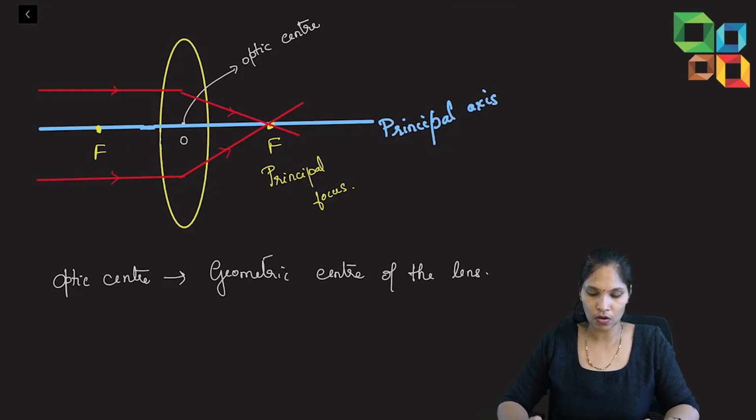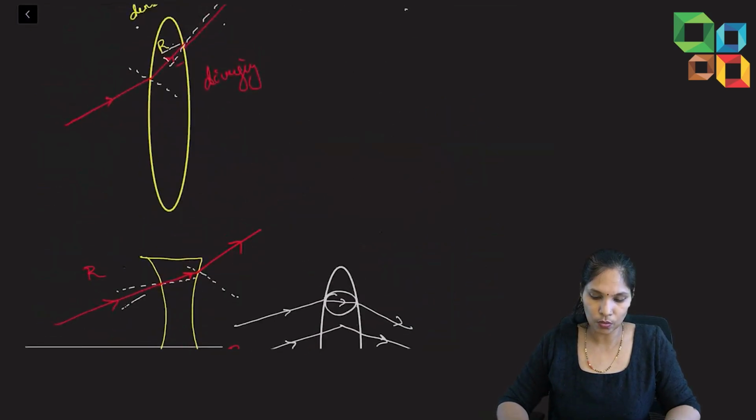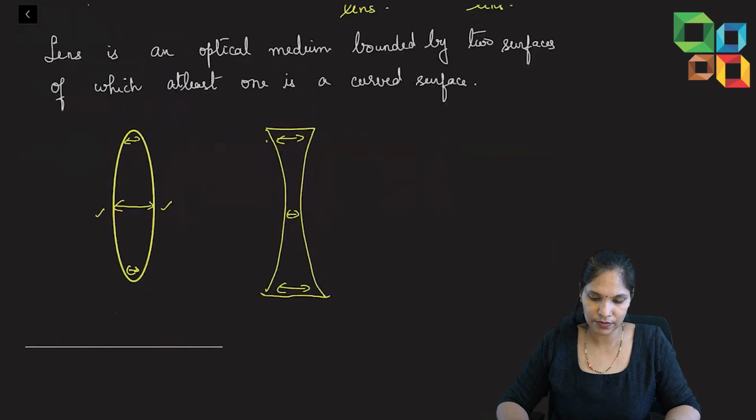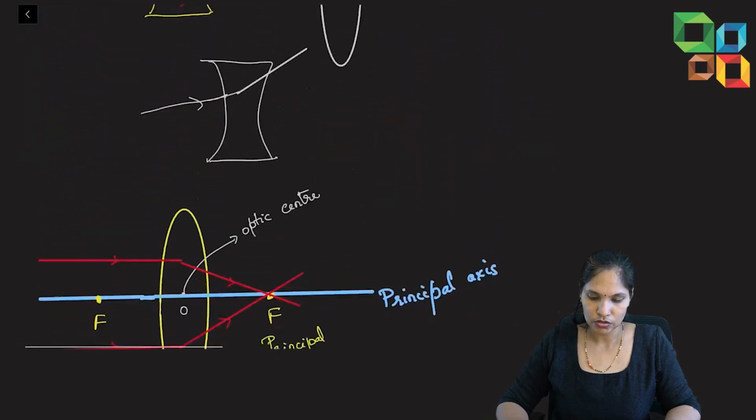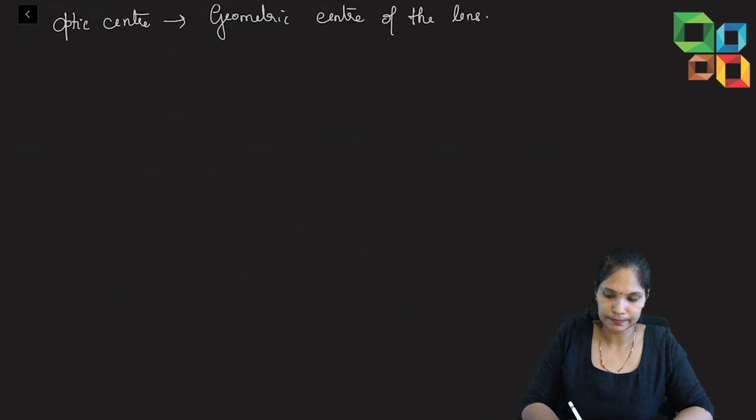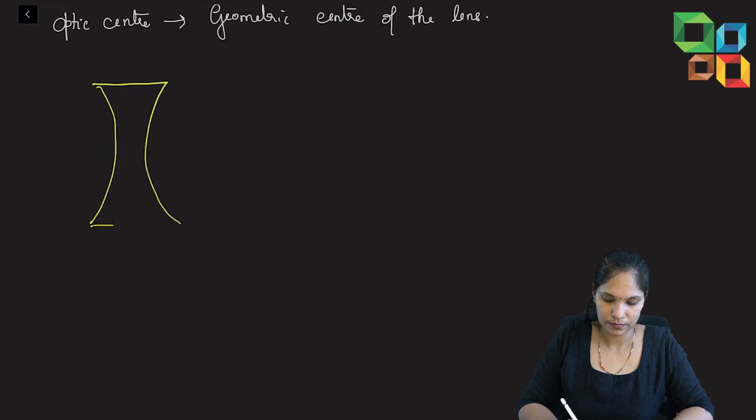Okay, that's fine in convex, but what about a concave lens? If it's a concave lens, is there a point called principal focus here? Yes, there is.